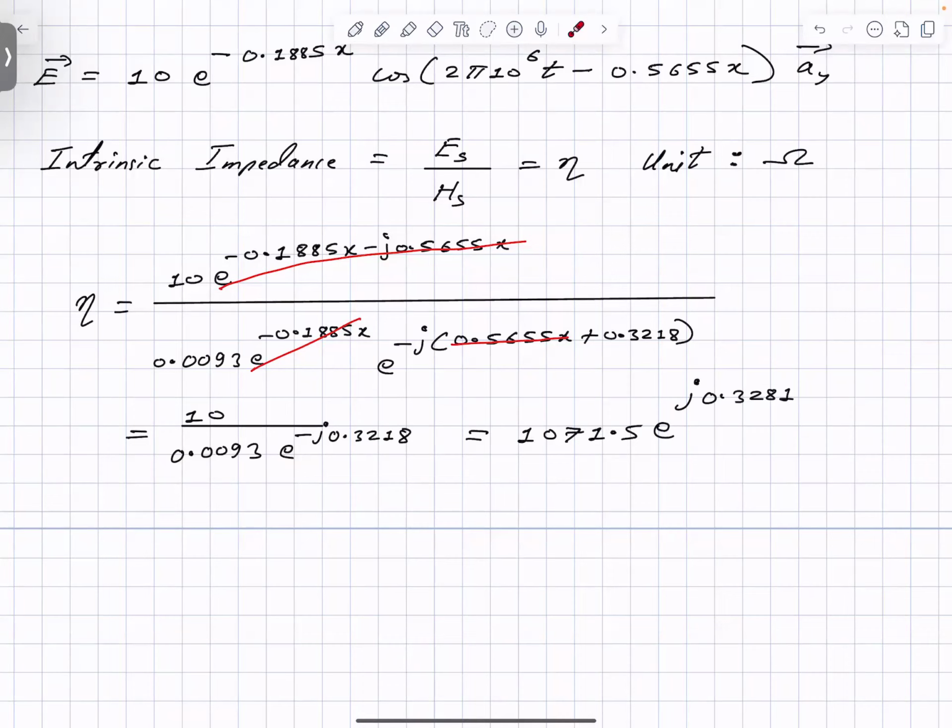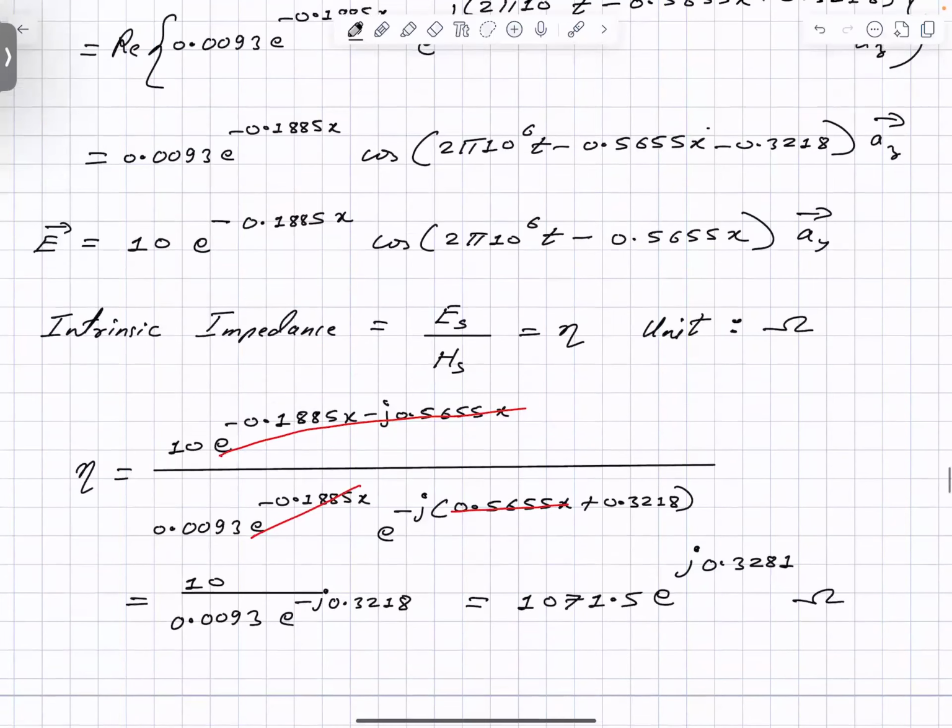And the phase of the impedance, this is the phase difference between the electric field and the magnetic field. Just like in circuits, the phase of impedance tells you the phase difference between voltage and current. It's like that, electric field and magnetic field. Right. Any question?